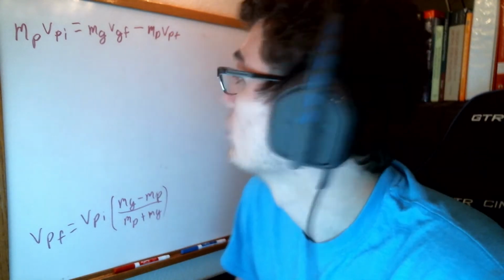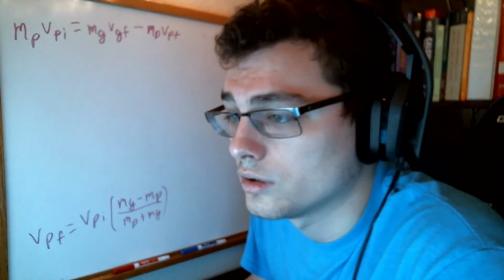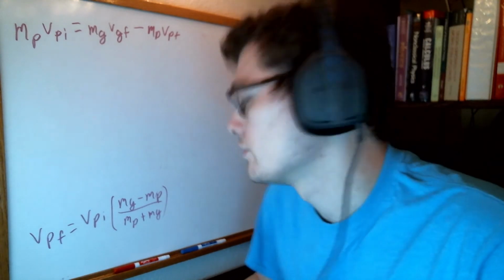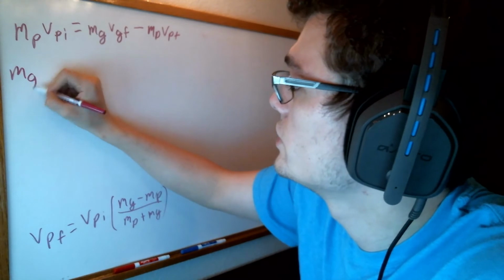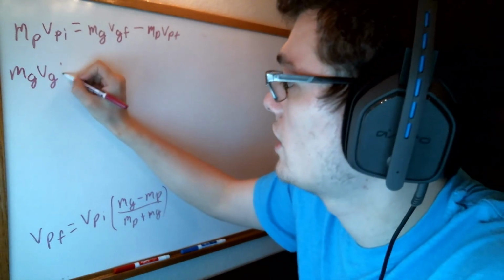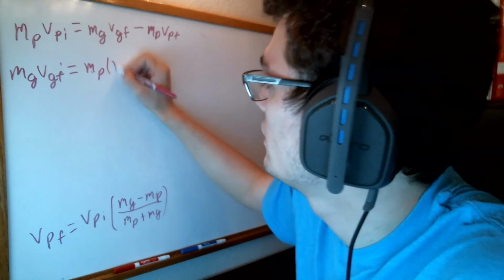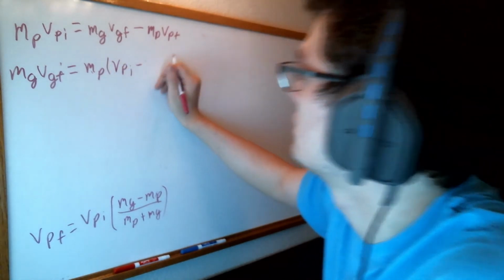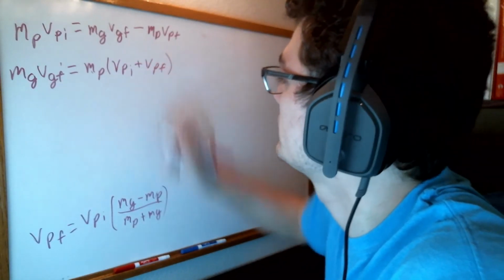So one thing that we want to do is get the goalie's velocity all alone. And so then we're going to substitute in our result from part A. So then we have mg vgf is going to be equal to mp vpi plus mp vpf.